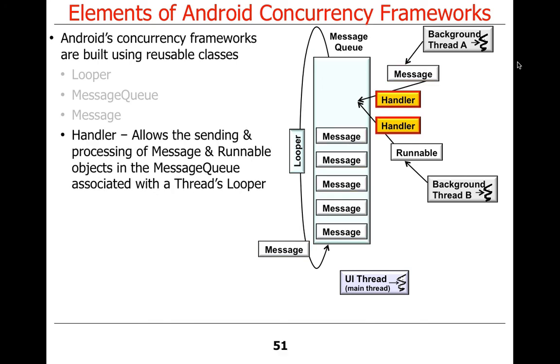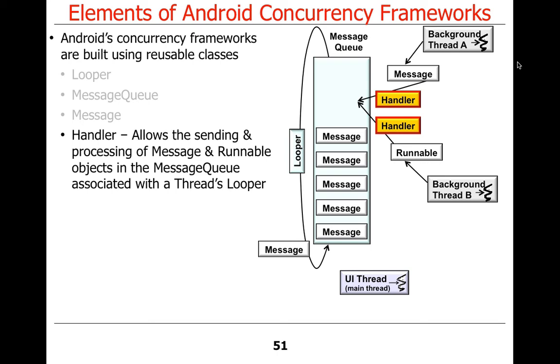Now, so far we've talked about how you have a looper that's associated with a thread via thread-specific storage. And we talked about how that looper also has a message queue that holds queues of messages for something to process. But we haven't really said what does the processing. So the next thing we're going to talk about is what does the processing. And that's something called a handler, which makes sense. Someone's got to handle the processing, right?